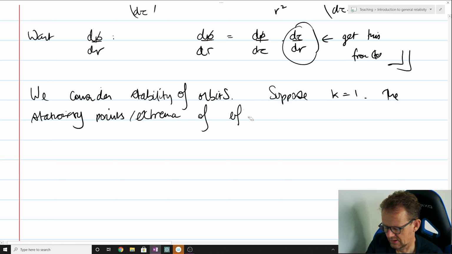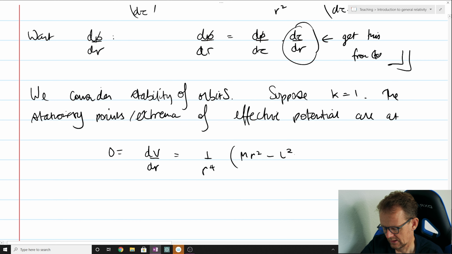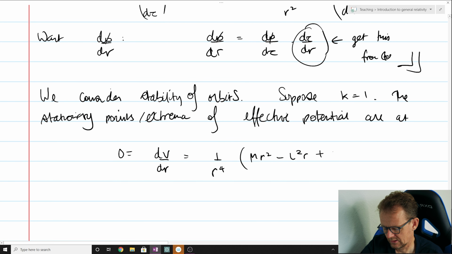So if we look at our effective potential term, where are the extrema? Well, when you take the potential and differentiate it with respect to r and set it to 0, that's where the extrema are. So if you do that, take the potential and do the derivative, then hopefully you should arrive at this formula.